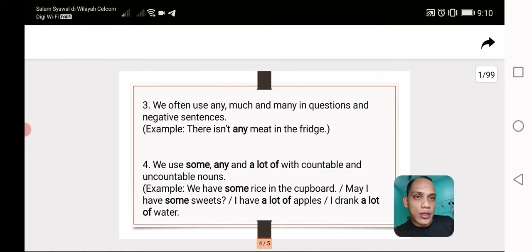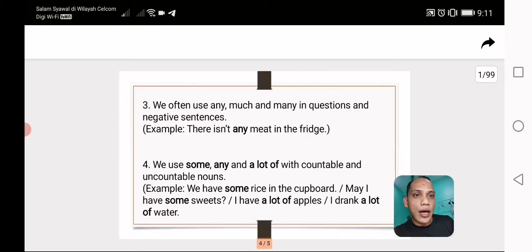Is not. So there is not any meat in the fridge. It becomes a negative sentence because it has not. Tiada daging di dalam peti sejuk itu. So we have to use any because this is a negative sentence. You faham?